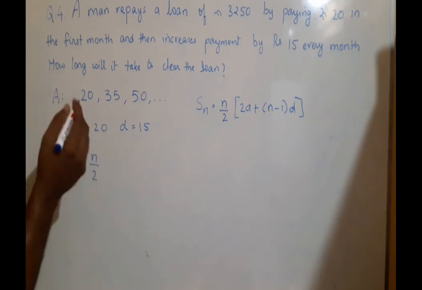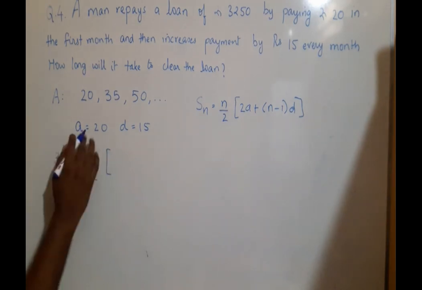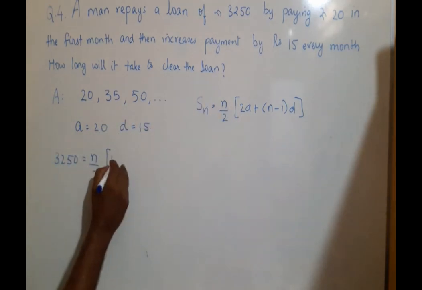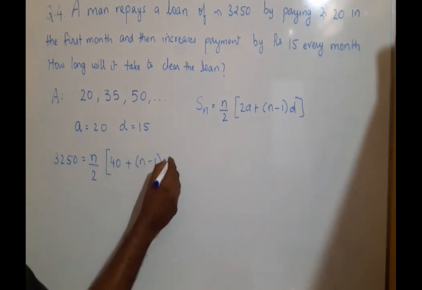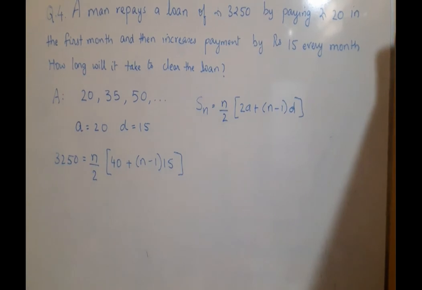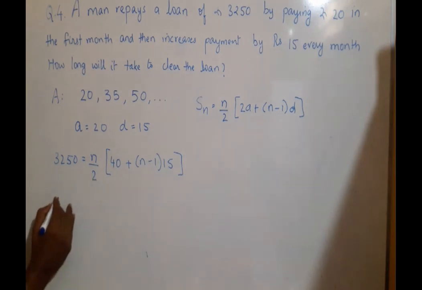We have to find out how many months it will take. 2a, 20 into 2, 40 plus n minus 1 into 15. Now you can see here, whenever we have to find n, we get a quadratic equation. Remember, when we have to find n, we get a quadratic equation. So we have to learn how to solve it. It is a part of the 9th standard.